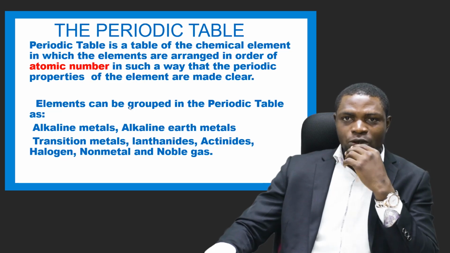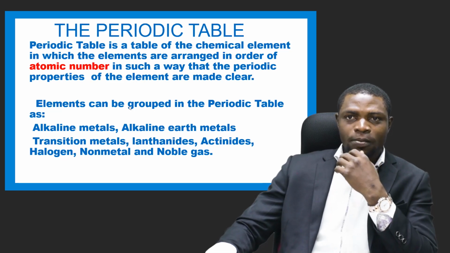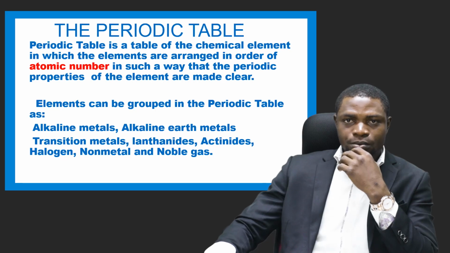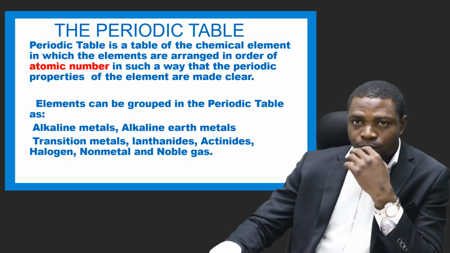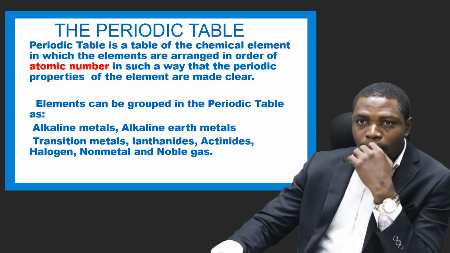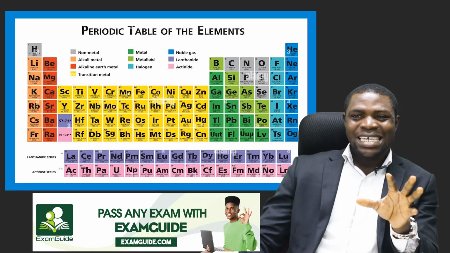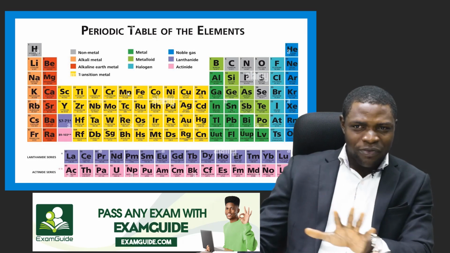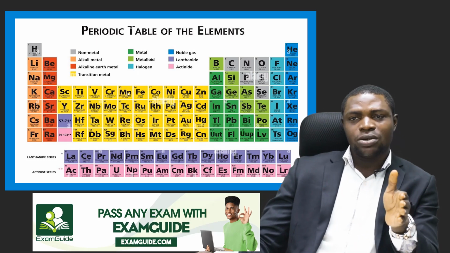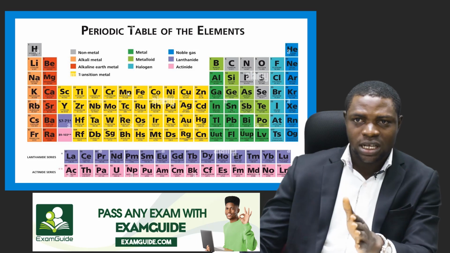Now let's go further. Look at this table that you are seeing. You see that elements are arranged in different colors, in columns and in groups, horizontally and vertically.